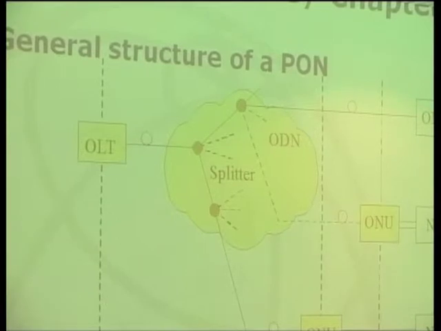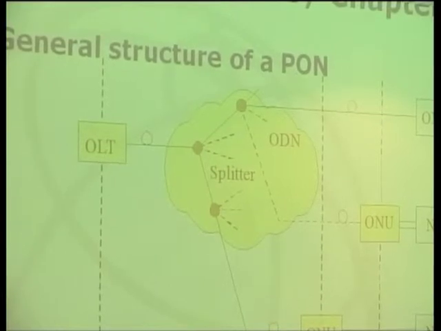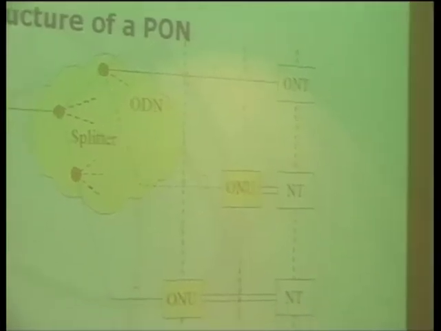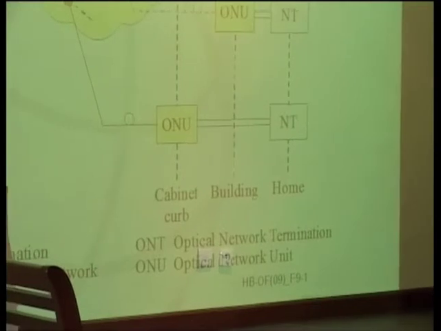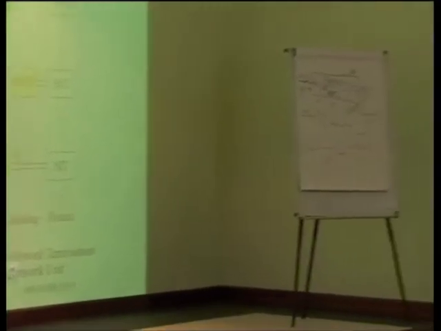We start from the very left with the optical line terminal, which is located inside the central office. We go into the outside fiber plant, the ODN, optical distribution network, incorporating one splitter or more than one splitter in cascade, and then we arrive to the optical network unit.